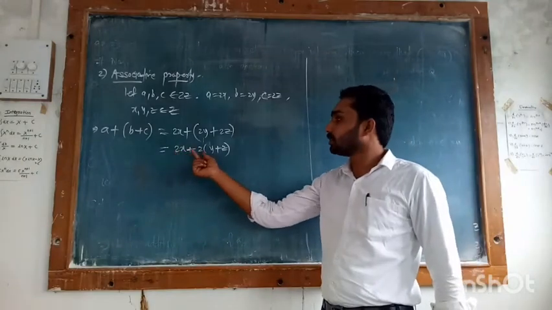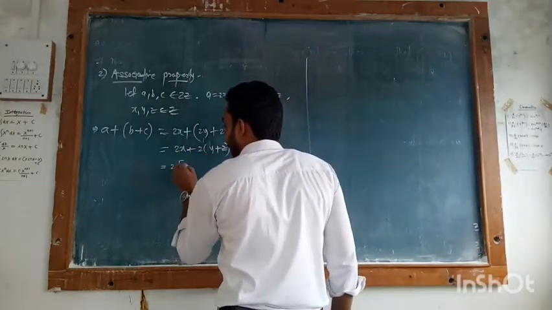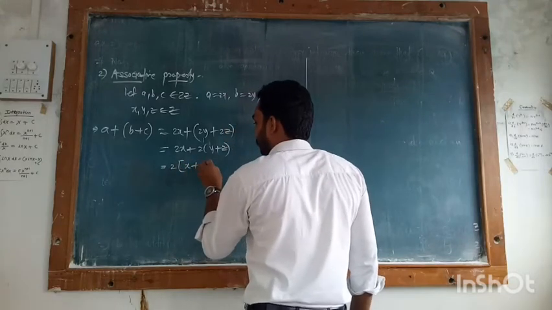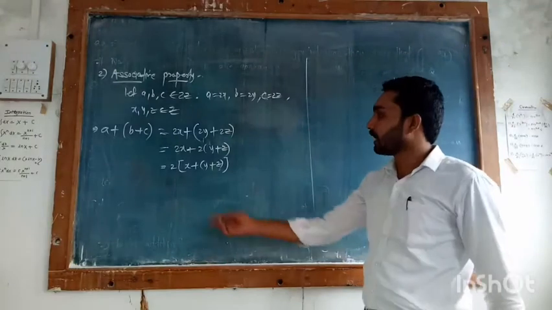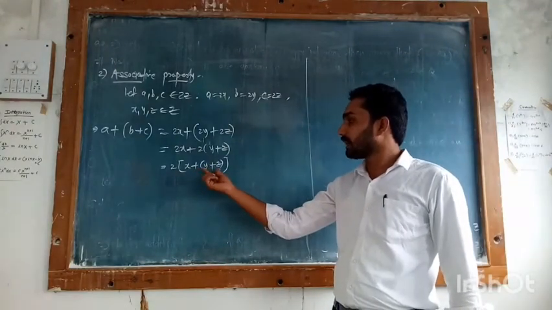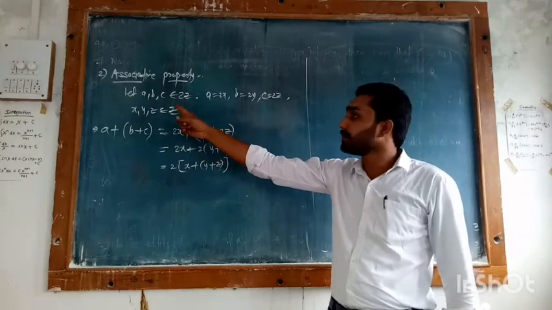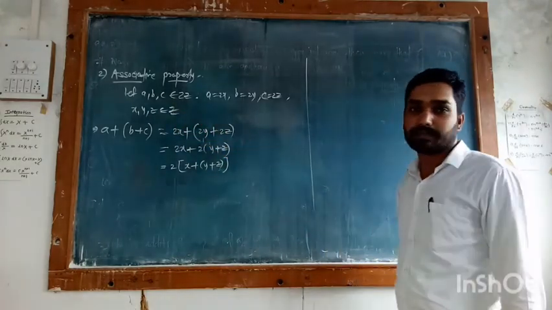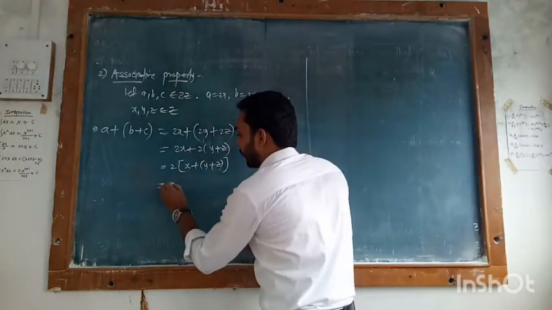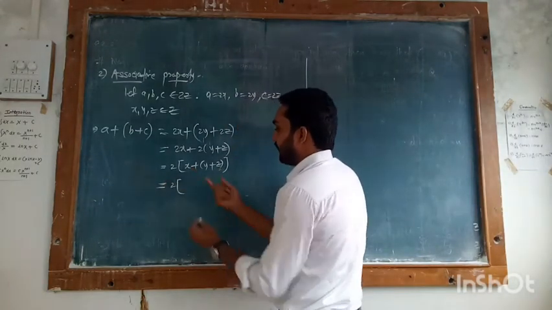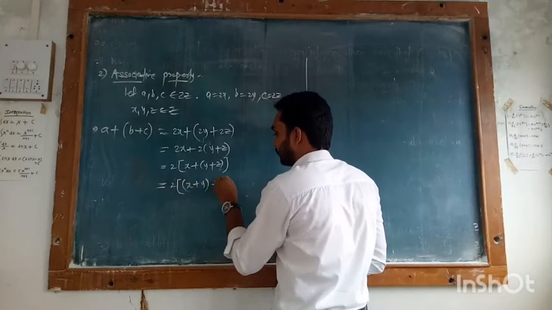Again we take 2 common from both terms, so 2 into the bracket x plus (y plus z). Now x plus (y plus z), and all these x, y, z are members of capital Z, and capital Z is an abelian group. That means it satisfies the associative property. So using this, we can rewrite it as (x plus y) plus z.